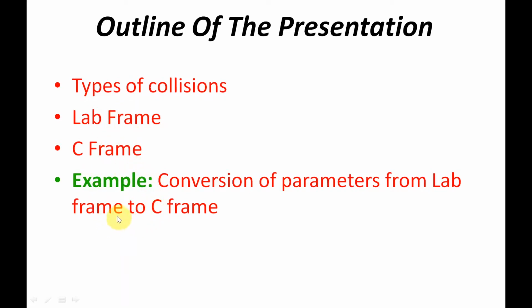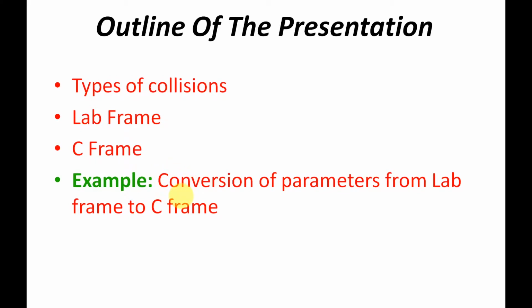This is what we are going to learn in this example, because if we learn two frames of reference and don't discuss how to convert the parameters from one frame of reference to the other, then the whole point of this discussion remains half. So for that we are going to take this example to make a clearer understanding of this topic.